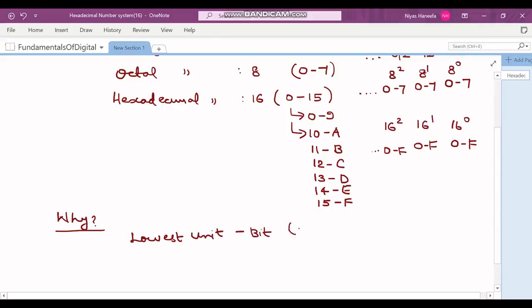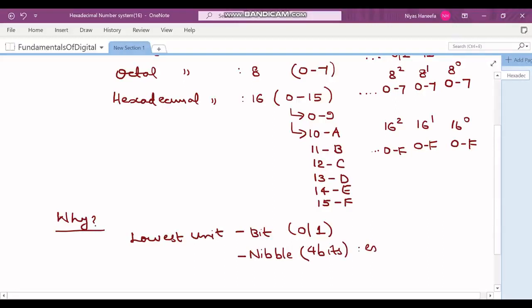It is either a 0 or 1. Then the next highest unit, when we are clubbing the sequence of zeros and ones together, is called a nibble. A nibble means a sequence of 4 bits.